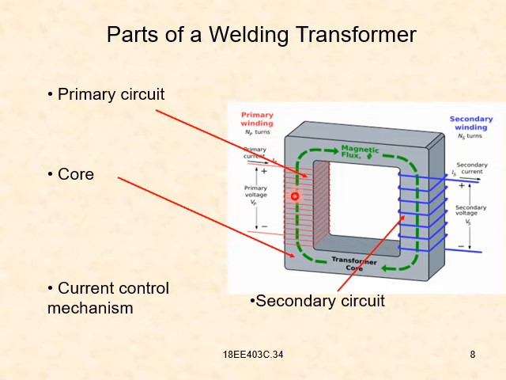This is the primary winding with NP turns, primary current IP and primary voltage VP. There is a magnetic flux continuously revolving through the path of the core. And this is the secondary winding with NS turns, secondary current IS and secondary voltage VS. You can see there are more turns in the primary and fewer in the secondary.